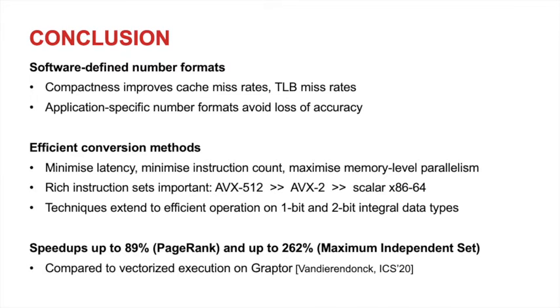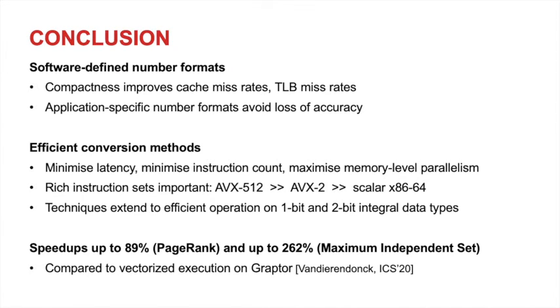We need to minimize the latency of conversion, minimize instruction counts, and maximize memory level parallelism. We want to have rich instruction sets because these have some useful instructions that allow us to do operations in a very short period. AVX512 has much better features for this purpose than the AVX2 instruction set, which is also better than a scalar x86-64 instruction set.